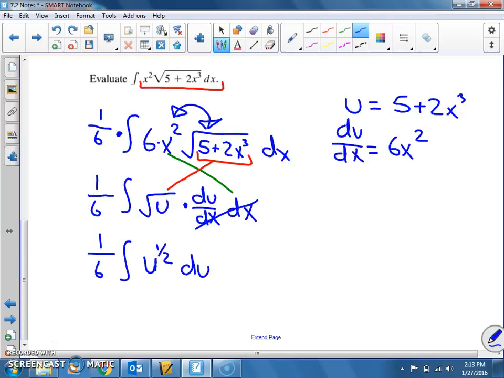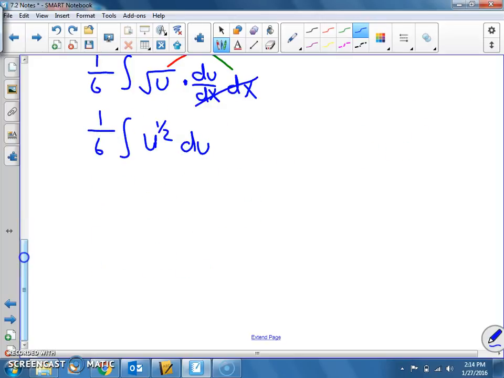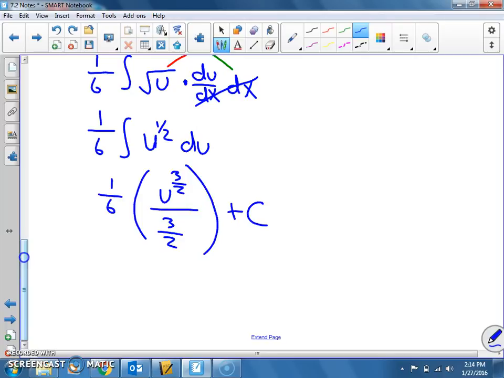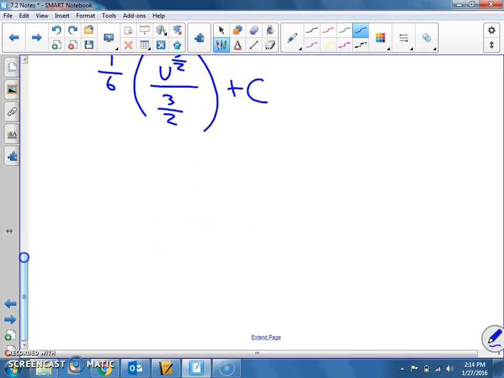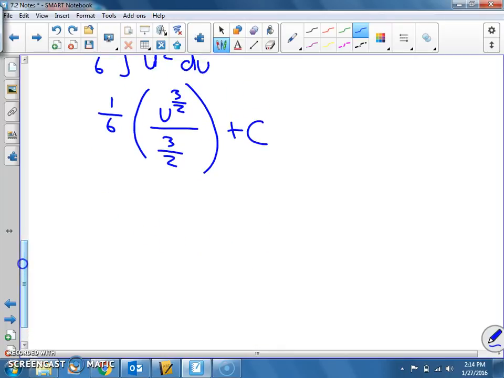So what would the antiderivative of u to the 1/2 be? U to the 3/2, but we always have to put it over 3/2. That's why I always divide by the number. It keeps me from making mistakes. So the 1/6 is still out in front, and then I've got that plus c. When we divide by a fraction, we flip and multiply.